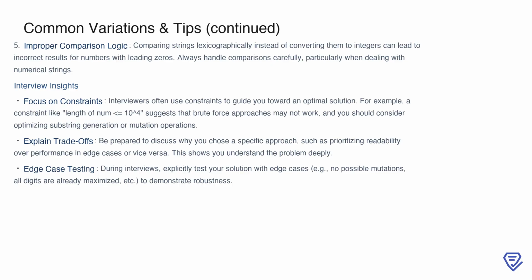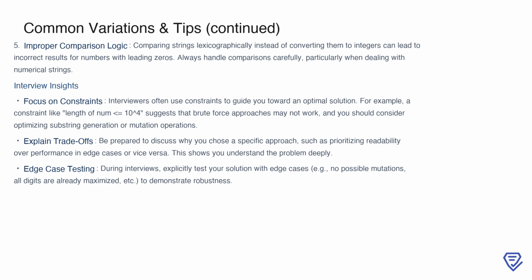Now, let's talk about some useful interview insights. Pay close attention to the constraints provided in the problem. For example, if the constraint specifies that the input length can go up to 10,000, this indicates that brute force methods likely won't be optimal, and you should focus on more efficient approaches for substring generation or mutation operations. Additionally, be prepared to explain the trade-offs in your solution.